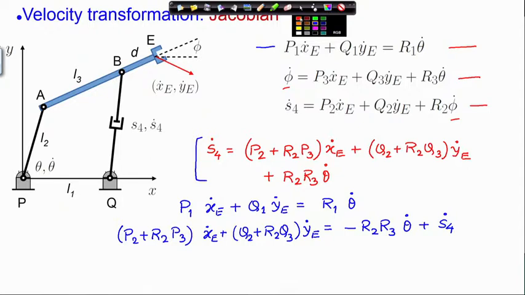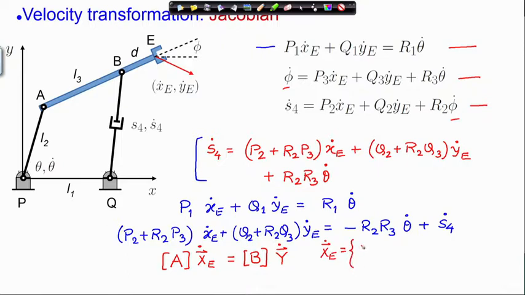Now, this I can combine and write in a compact form as, let us say, some matrix A times x e dot is equal to matrix B times the vector y dot, where this vector x e dot is nothing but x e dot, y e dot, and the vector y dot is theta dot, S 4 dot.